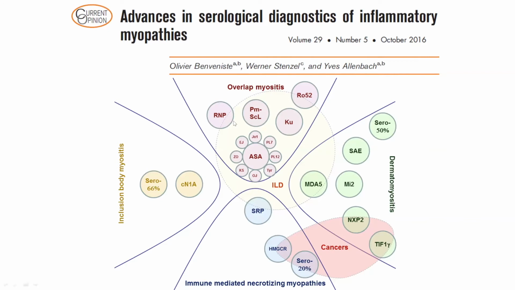Furthermore, we can observe some shared autoantibodies with scleroderma, such as anti-RNP, anti-PM/Scl, or anti-Ku. And in this subgroup, you have the subgroup of antisynthetase syndrome. And finally, totally separate, totally different, is the group of inclusion body myositis.